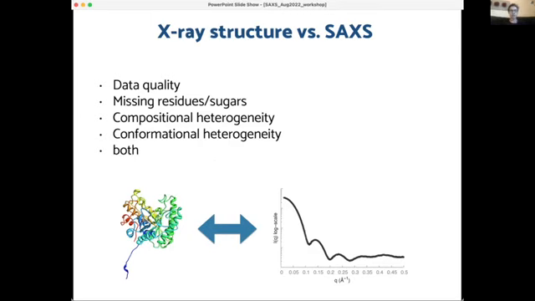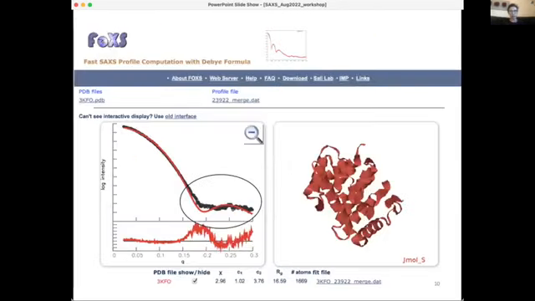So let's start with missing residues. So I am going to change what I share now. So remember that the SAXS profile is basically your distance distribution. And if you have missing residues, then you are missing parts of the distance distribution, but you are missing much more.